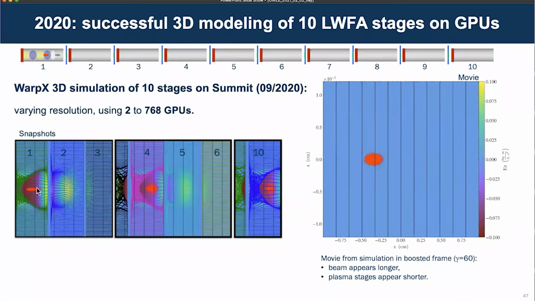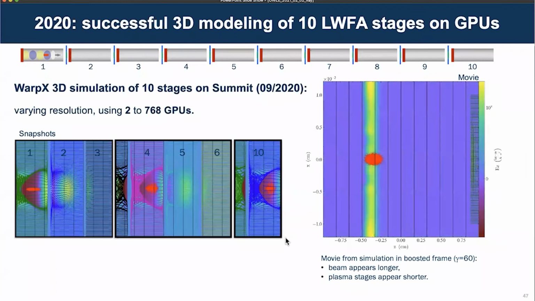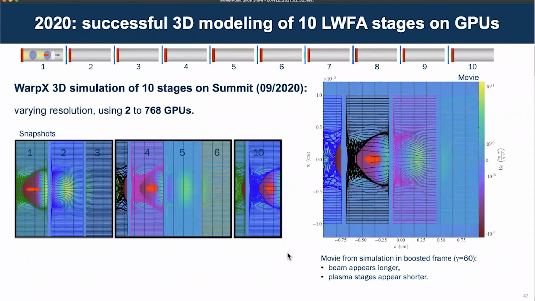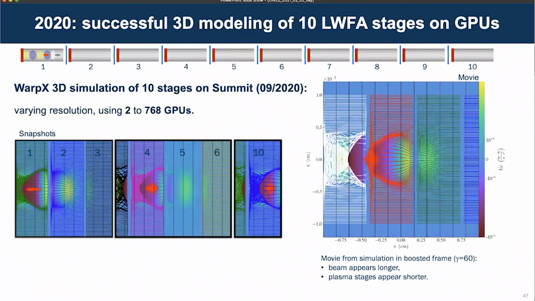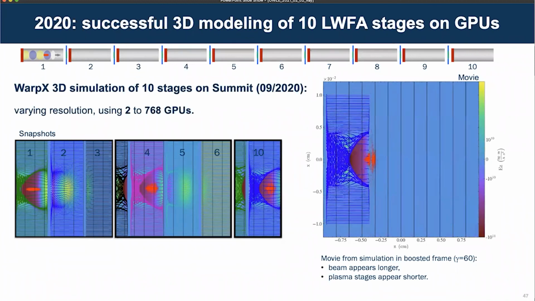And you see snapshots here from the simulation with the beam entering in the first stage here, then in the 4th stage, and here the beam being in the 10th stage. And that's the corresponding simulation that you see on the right with the beam going through all the 10 stages and then exiting.